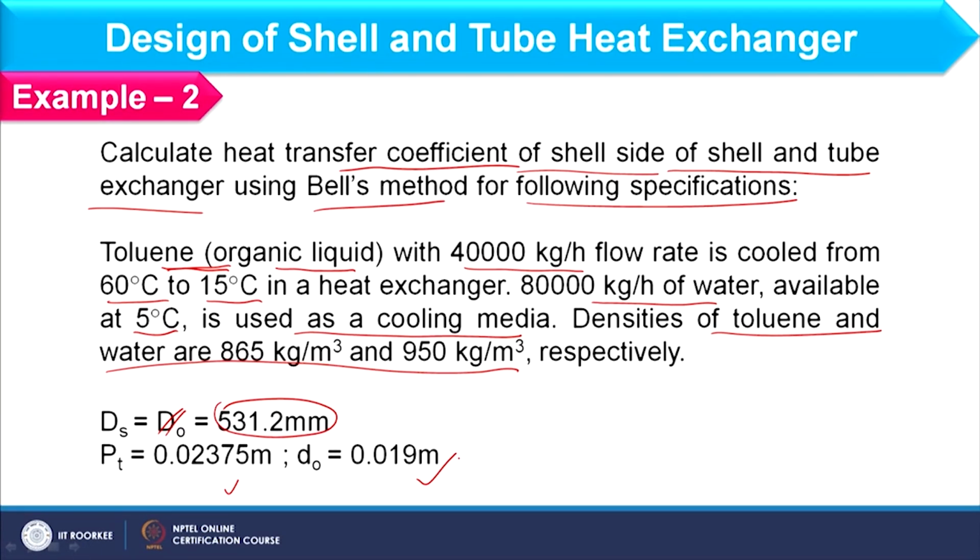So, you see here we are given some specifications about the problem, and this is the same problem which we discussed in the first lecture of the 4th week, where we illustrated the design of shell and tube heat exchanger using Kern's method. The same example I am considering over here, but here we should apply Bell's method.